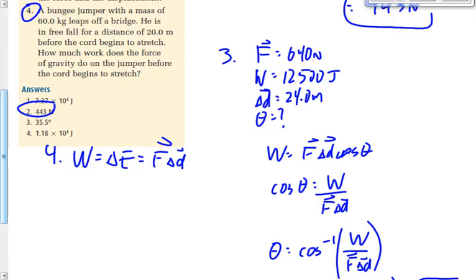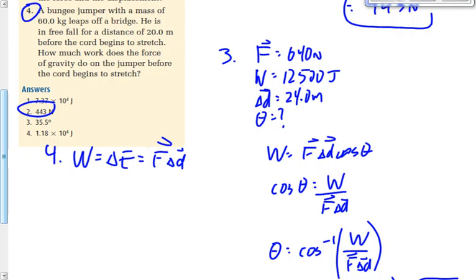Gravity. Which way does gravity act? Downwards. So if he's moving downward and the force is downward, then what's the angle between the way that he's moving and the direction that the force is being applied? 0, right? So if the angle is 0, we don't have to put the cos theta in there.